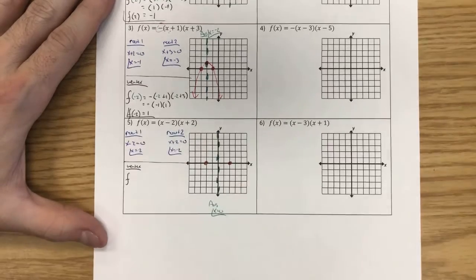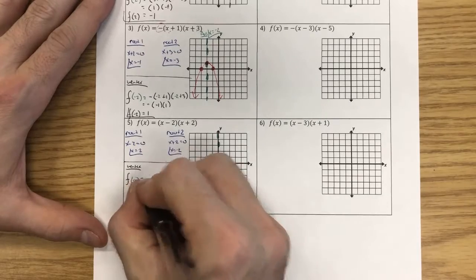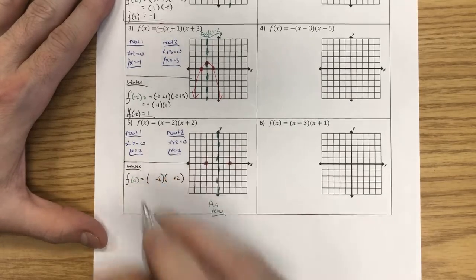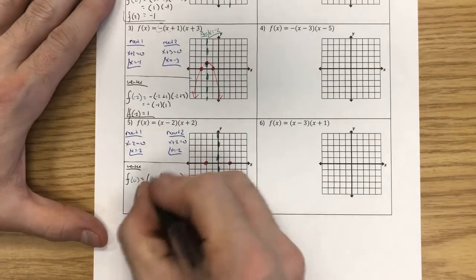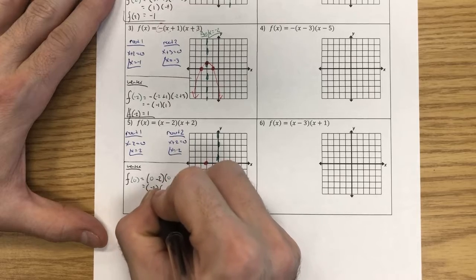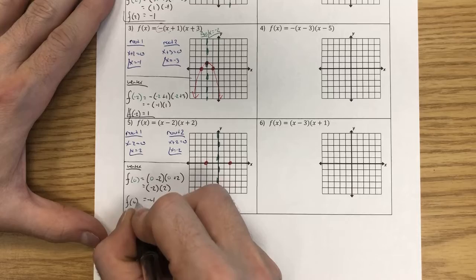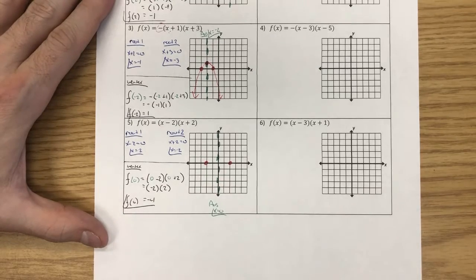So if I plug in f of 0, I like this because 0 is always easy to work with. 0 minus 2, 0 plus 2. Now that's going to be a -2 times a +2, which is going to be a -4. So now my coordinate for my vertex is at (0, -4).